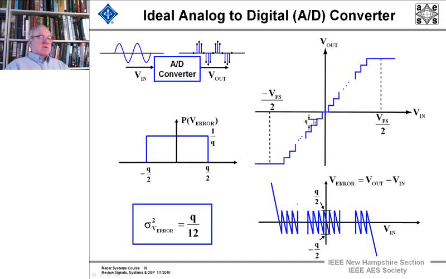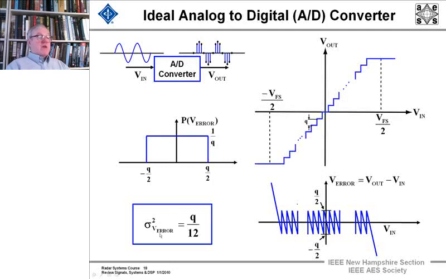And you see that there's a quantization level, Q, and the probability density function of that error in the measurement of voltage is this. It goes from minus Q over 2 to plus Q over 2, stating just that you don't know where the real signal is within the increment of measurement. And we assume it's uniform.